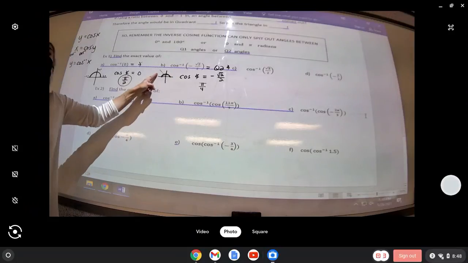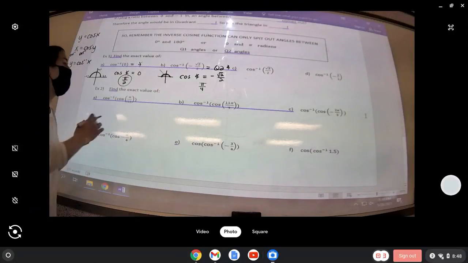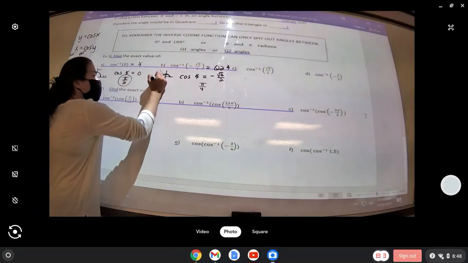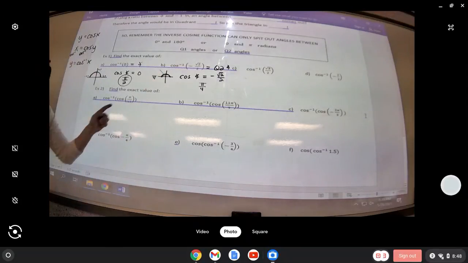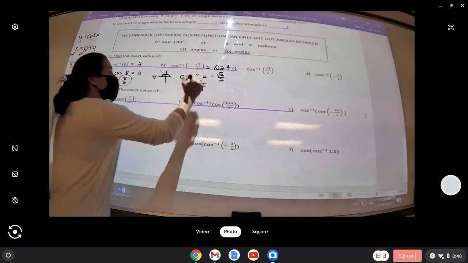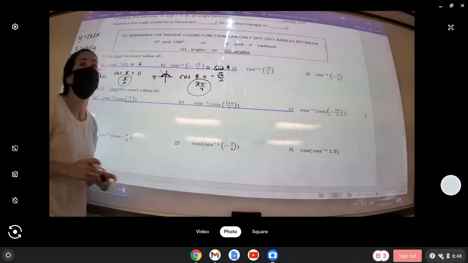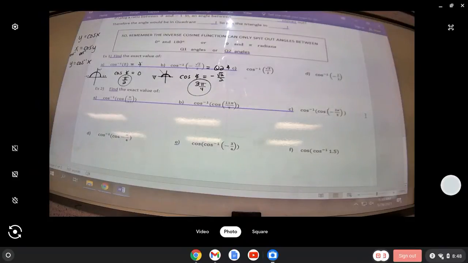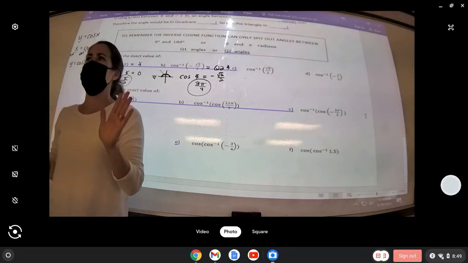You have to figure out what multiple of pi over 4 landed in quadrant 2. Remember, in the world of pi's over 4, here's 4 of them. So what's the one that landed right before it? 3 pi over 4. So it would spit out 3 pi over 4. That's the multiple of a 45-degree angle that landed in quadrant 2. Does that make sense? Is everybody okay with that?